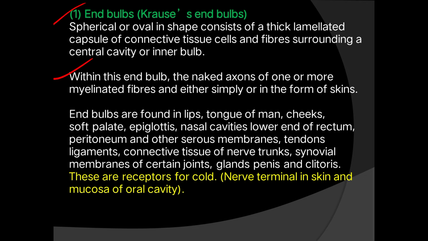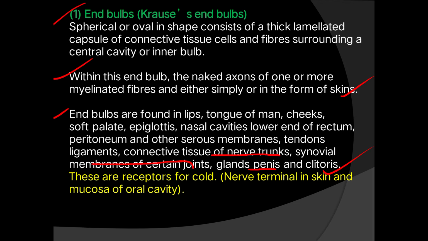Within this end bulb, the naked axon of one or more myelinated fibers ends either simply or in the form of a coil. End bulbs are found in the lip, tongue of man, cheeks, soft palate, epiglottis, nasal cavity, lower end of the rectum, peritoneum, other serous membranes, tendons and ligaments, connective tissue of the nerve trunks, synovial membrane of certain joints, glands, penis, and clitoris.